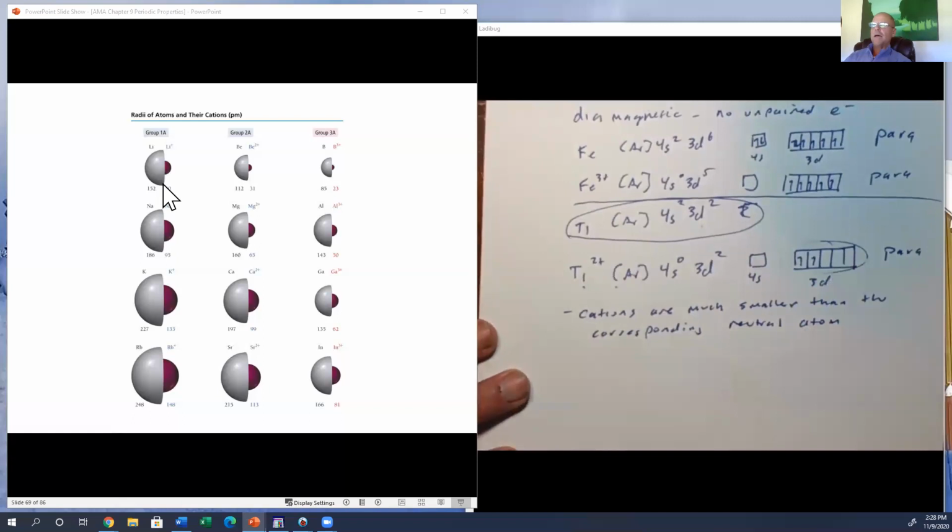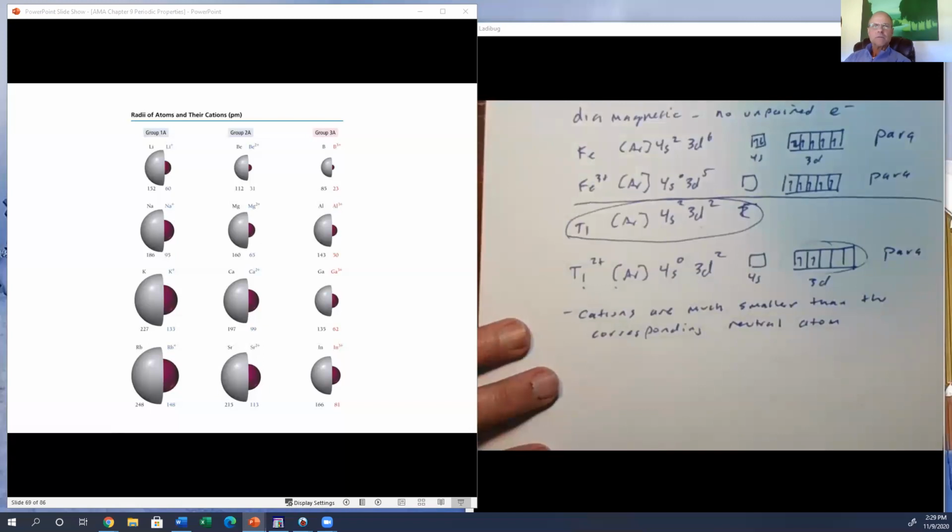Why is that? Because typically you're taking out the valence electrons. The valence electrons are in the biggest orbitals, right? You take those away and all you're left with is the core. Now the net positive charge of the atom holds those core electrons in even tighter, right?